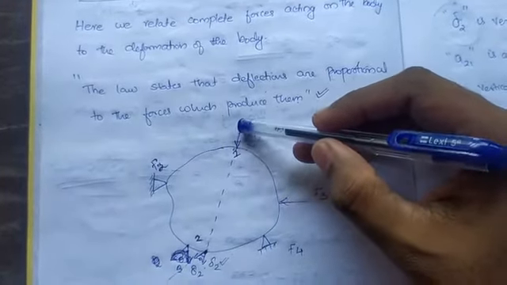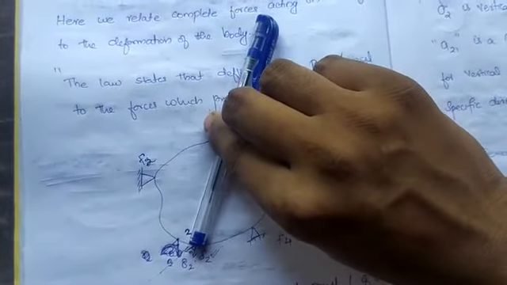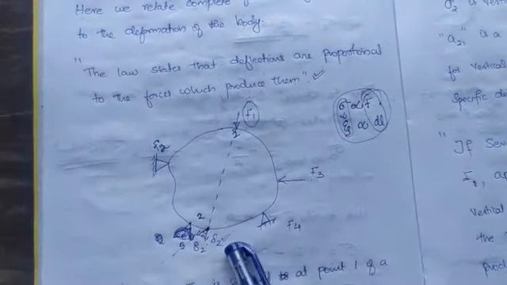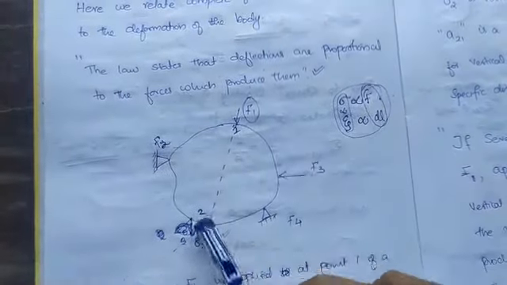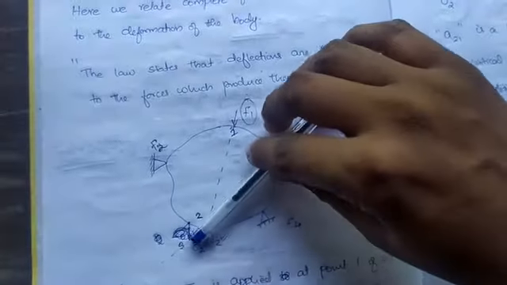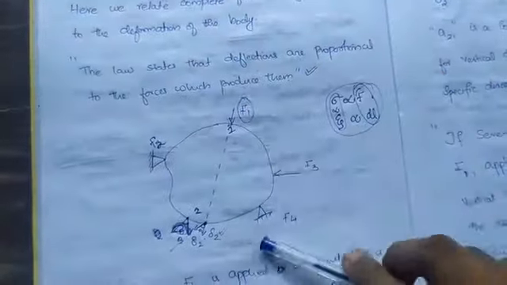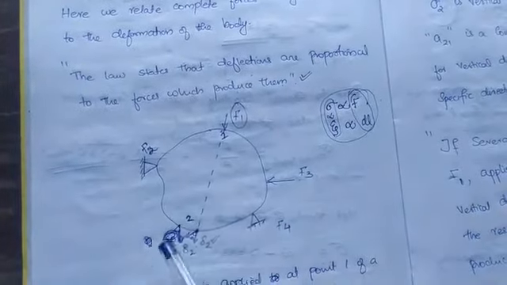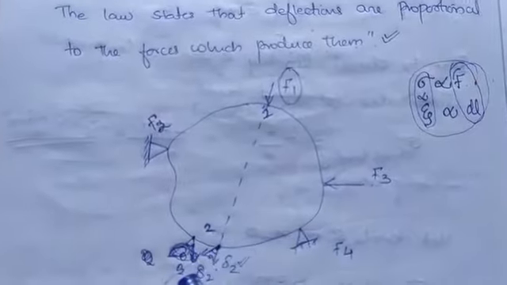Due to this force F1, in the same line of action at point 2, there is a displacement or elongation delta 2. Actually, the system has multiple forces, and the displacement caused by all these four forces is along this direction. That means D2, which I have marked as D2.